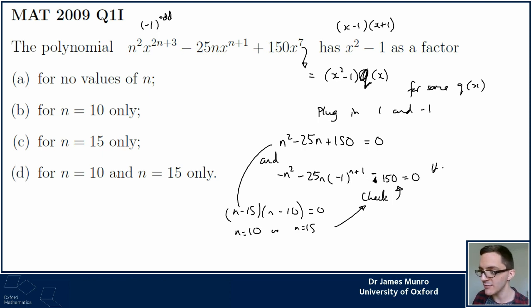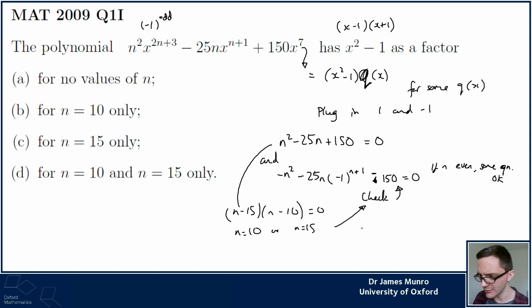So if n is even, it's the same equation, so we're going to be okay. 10 is even, so when I plug in 10, I get exactly minus the thing I had before. Minus 0 is 0. But when I plug in 15, it turns out that this doesn't work.